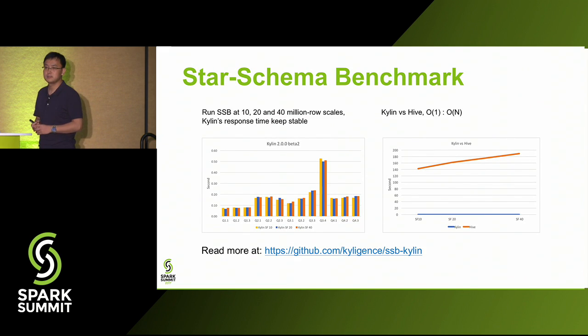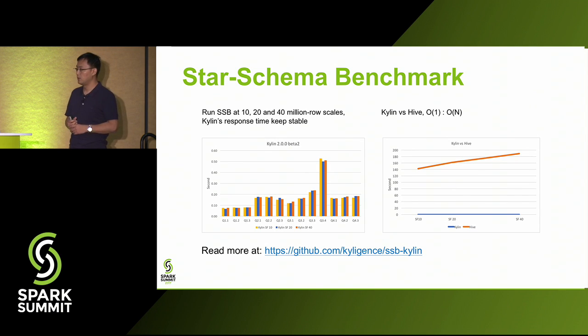To verify this, we did a test with the star schema benchmark. We collected the query performance at 3 data scales, 10 million, 20 million, and 40 million rows. Look at the first chart. For each query, its performance is almost the same at the 3 data scales. And we can see all the queries can be finished in less than 1 second.